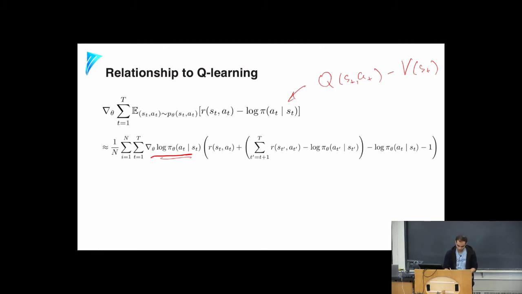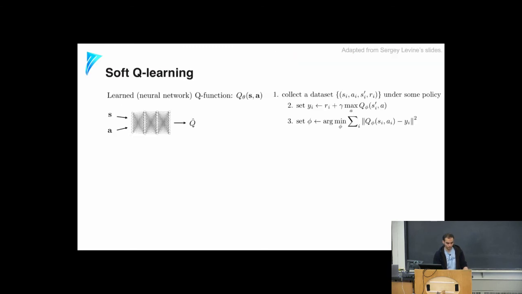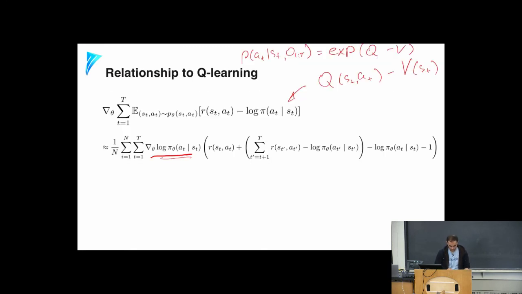If you remember, our optimal policy, p(a_t|s_t, optimality 1 to T), was equal to exp of Q minus V. So if we take the log of that, we'll get the difference between the two.